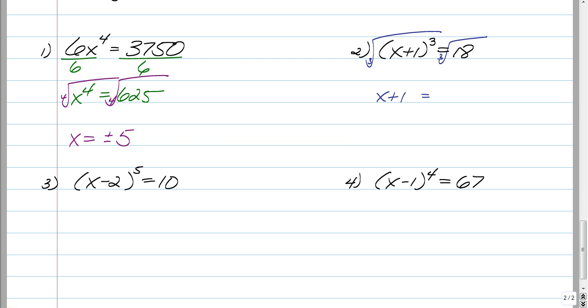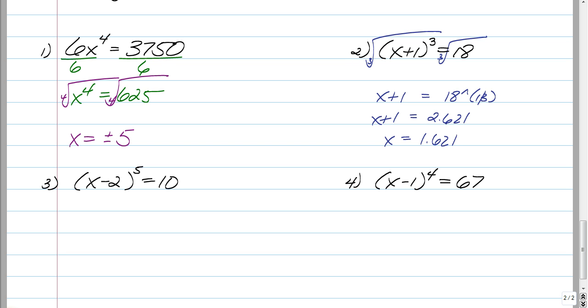Well, you do not know how to simplify this to get an exact answer yet, so for calculator purposes, we would just type 18 raised to the 1/3 power, and that would give you x plus 1 is equal to 2.621. Subtract 1 from both sides, and x is equal to 1.621. Now that is an approximate answer, just so you know.